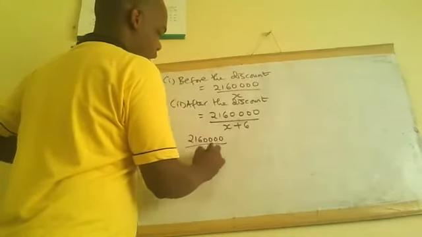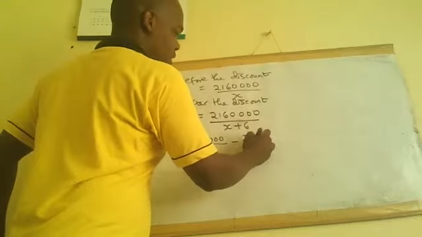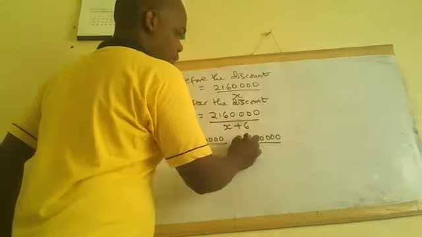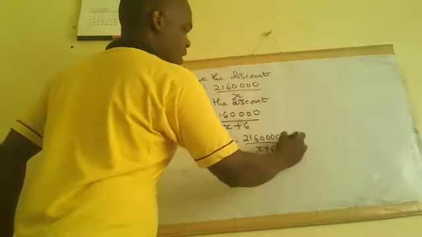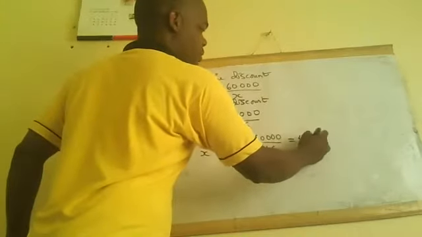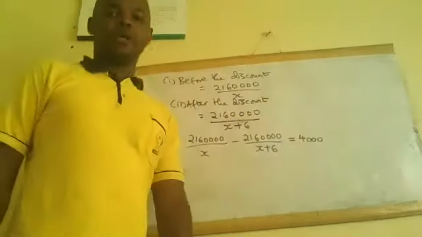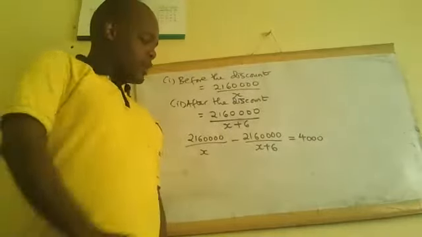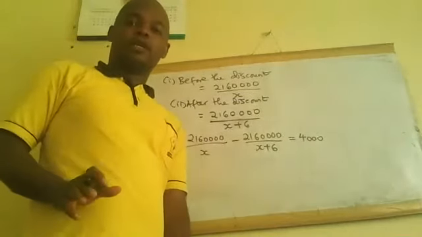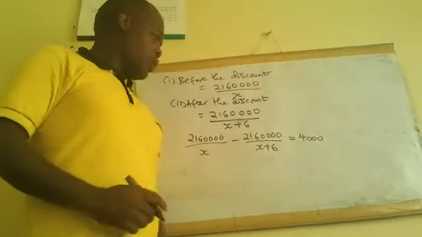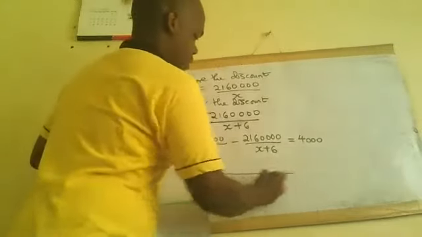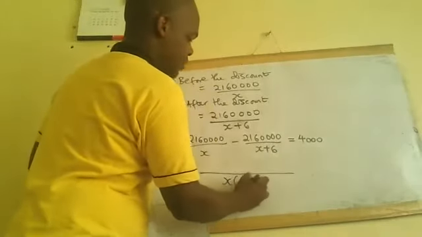So you need to identify that and then write the equation properly: 2,160,000 over x minus 2,160,000 over x plus 6 is equal to 4,000. Just forming that already is a mark. But if you interchange that, you will not get it right. So from there, LCM, x into x plus 6.